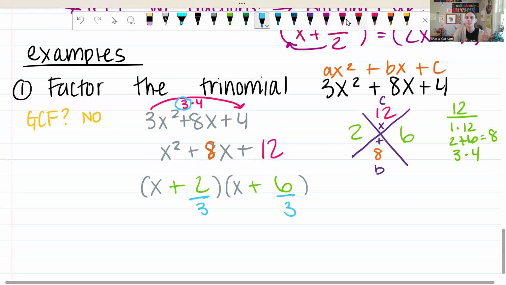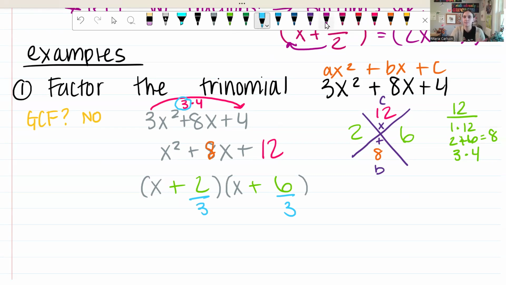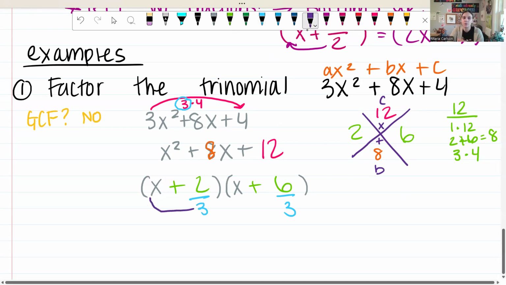Now, if I simplify this, I can't divide 2 by 3. So this one I will have to do bottoms up. So I'm going to move the bottom of this fraction up with x. So this is really 3x plus 2. And then the second set of parentheses, we can simplify that fraction.